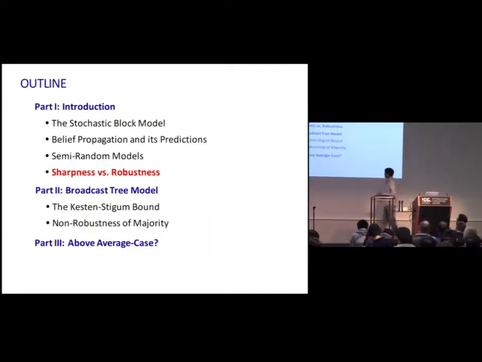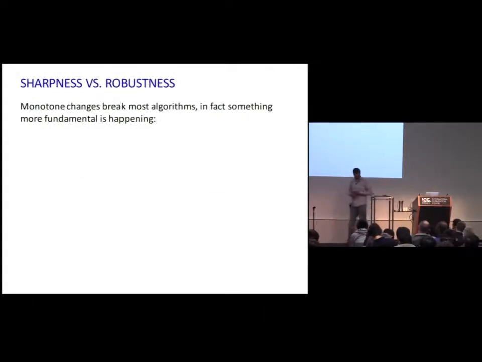But now I can get to one of the main points: it turns out that this monotone adversary, for all sorts of algorithms you try out, even less naive ones, things like spectral approaches and that long list of approaches I gave you earlier, things like belief propagation, well, this monotone change can really break almost all of those algorithms. So it's breaking not only the dumb algorithm, but even these very clever algorithms people have cooked up to get all the way down to the fundamental limits of the problem.